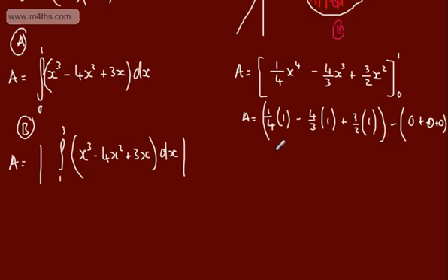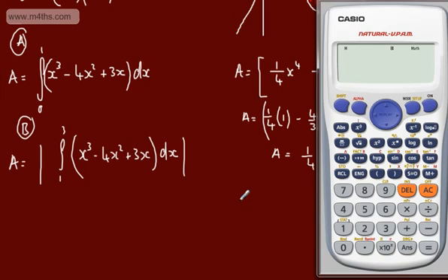So what's that going to give us? The area is going to be equal to 1 over 4 minus 4 over 3 plus 3 over 2. And I'm just going to put that through a calculator. I'm being a bit lazy here, I suppose I could switch all of those into 12s. But don't make an error just to find this. Okay, let's get the calculator. So what have we got?